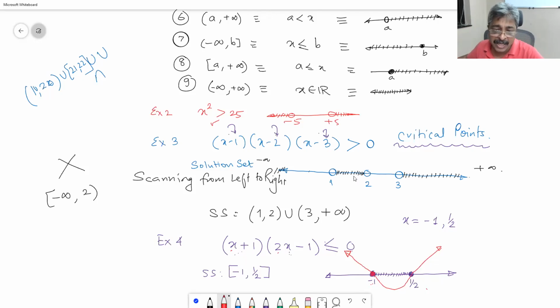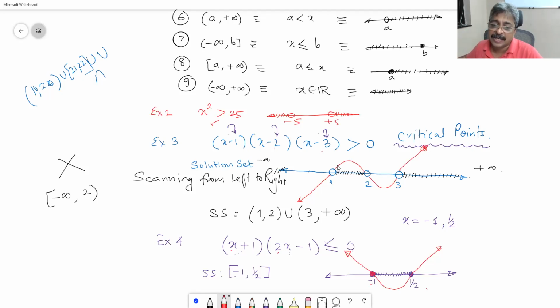Okay. In this case, if I want to draw the curve, if I put x equal to 0, negative, negative, negative, so the graph will enter like this. From minus infinity, it will come here. When it crosses the x-axis, that point is not part of the solution set. It goes like this, it comes like this, and it disappears like this.